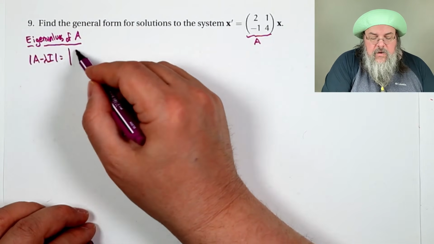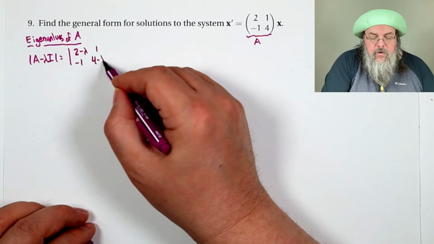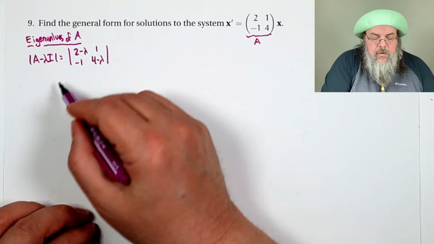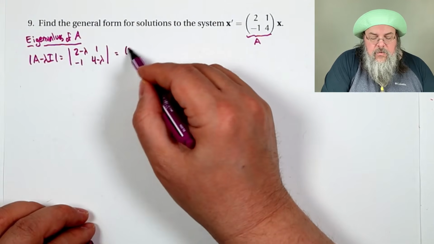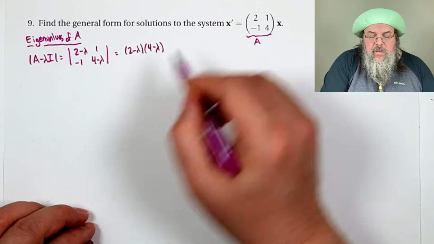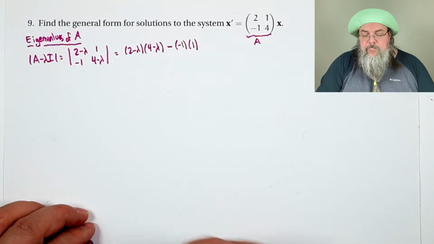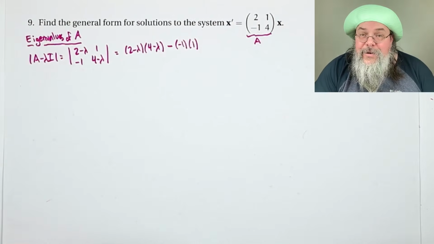So that's our 2 minus lambda, 1, minus 1, 4 minus lambda, which would give us 2 minus lambda times 4 minus lambda, subtract minus 1 times 1. Sorry, dramatic pause.